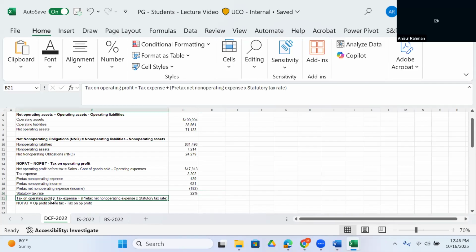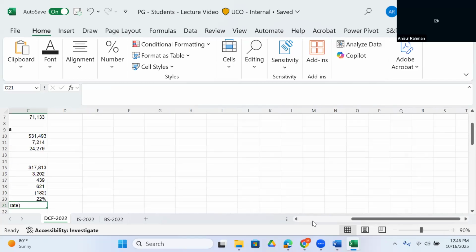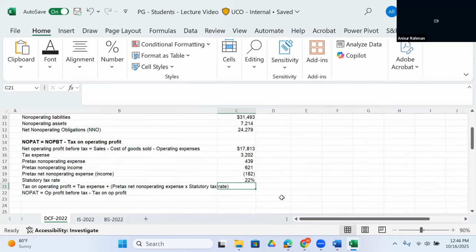And then tax on operating profit. This will be our tax expense, which is this, plus open parenthesis, pre-tax net non-operating expense, which is this, times statutory tax rate.